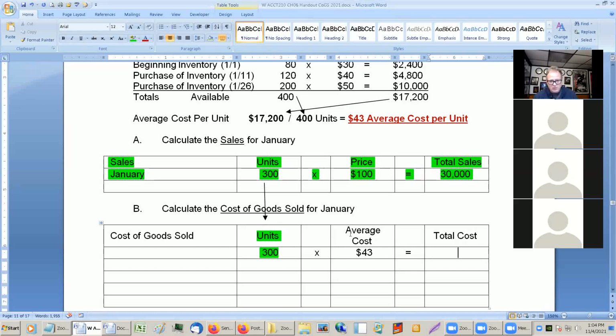The total cost of goods sold would be 12,900.